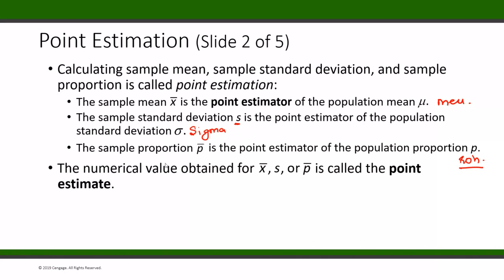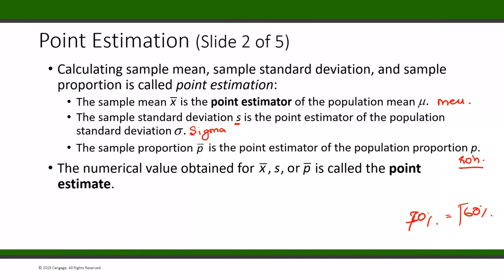Same thing, the P bar is the point estimator of the population proportion. So how many people in the total population got the training? Say 70% took the training, and your point estimator comes out at 60%.